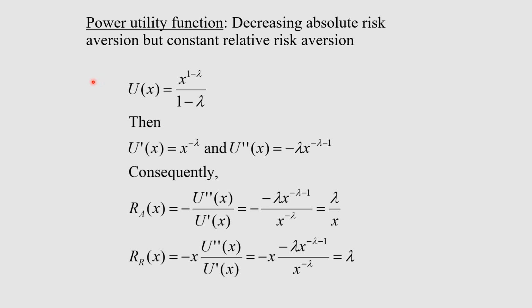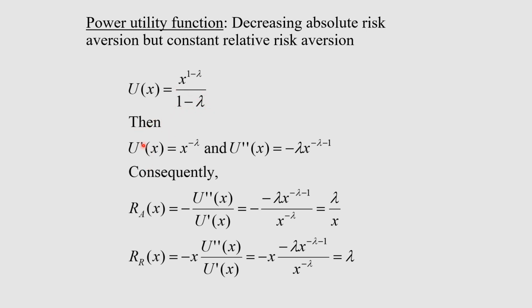The power utility function has decreasing absolute risk aversion, but constant relative risk aversion. Remember those two equations. Absolute risk aversion is minus U double prime X over U prime X, and relative risk aversion multiplies that by X. Here we have a utility function where X is raised to the power 1 minus lambda, divided by 1 minus lambda.